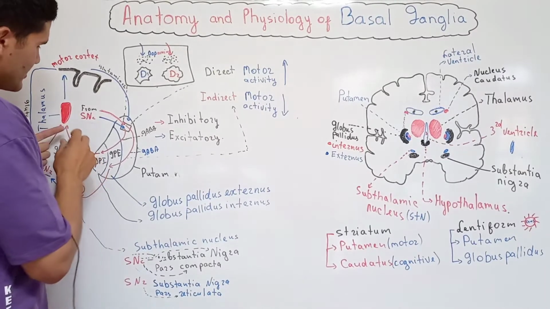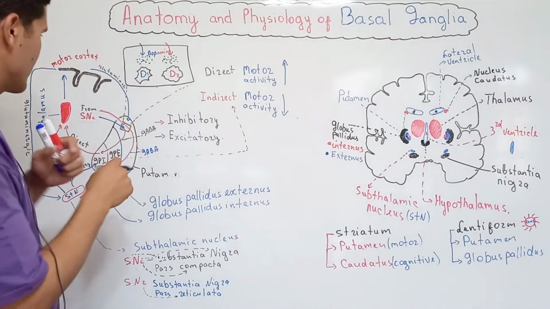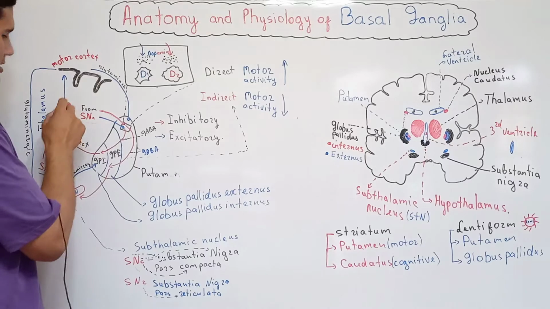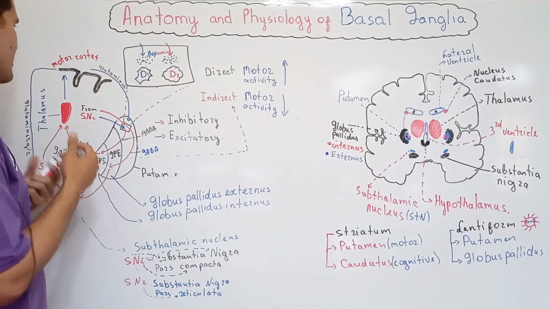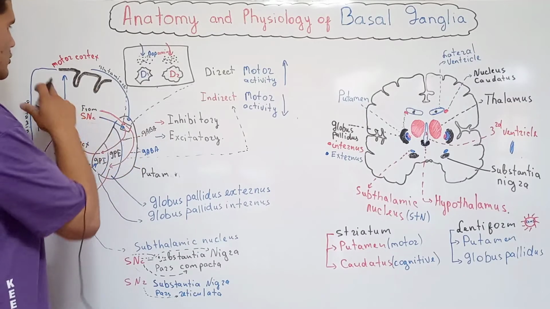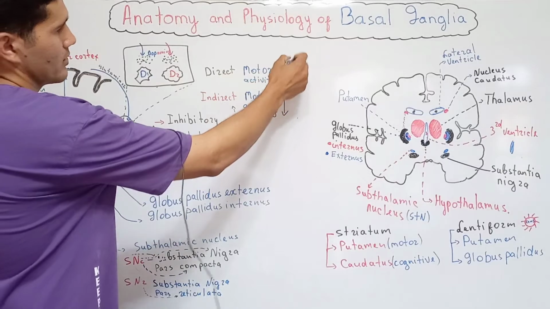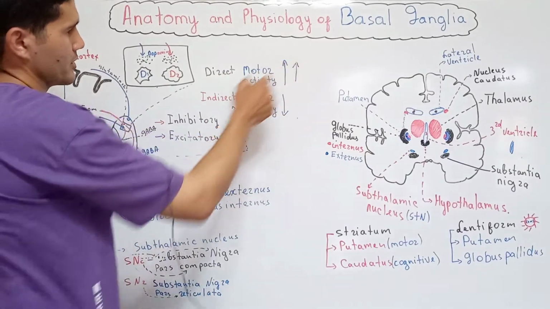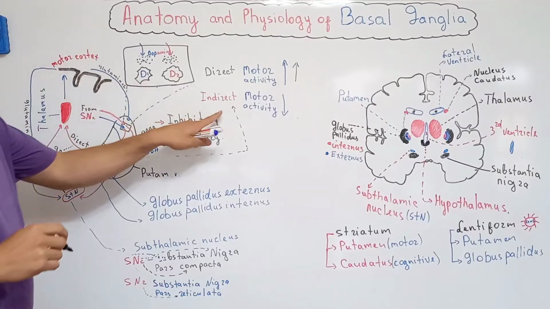When the inhibitor is inhibited, that means a plus. It means the thalamus is out of inhibition, so the thalamus can exert its positive effect on the motor cortex. As a result, motor activity will increase.